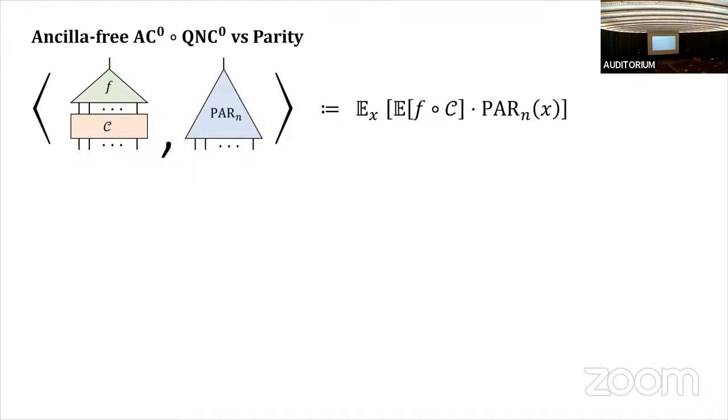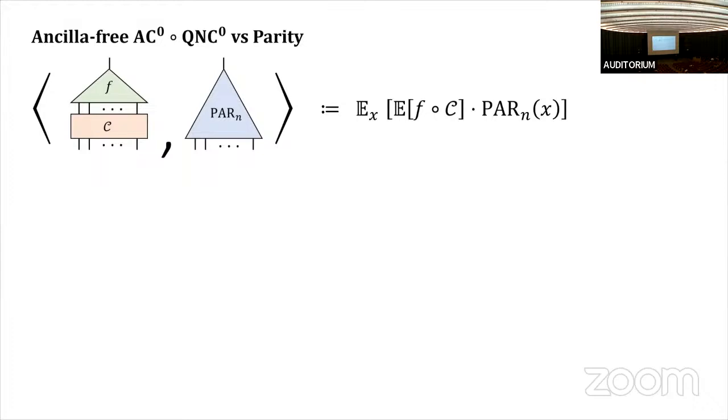Remember, this is a randomized function because it's not pictured, but we have our circuit, and then we're measuring all the qubits and post-processing with the function. But implicit here is that I'm actually talking about the expected value of the output of this computational model. And this is an inner product, which just means take the expectation with respect to input here. So, but we'll keep working with this picture.